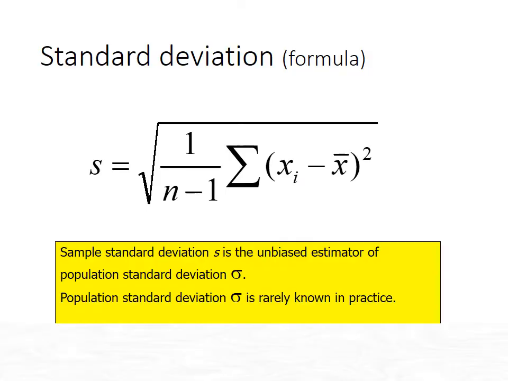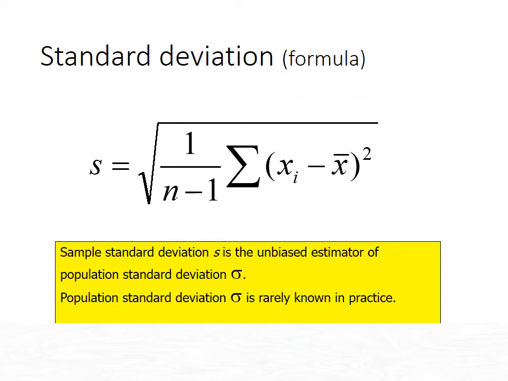In the standard deviation formula, n is the number of respondents, and the sample standard deviation S is the unbiased estimator of the trend of your data.